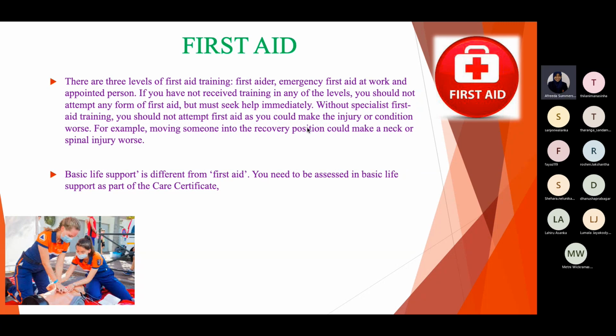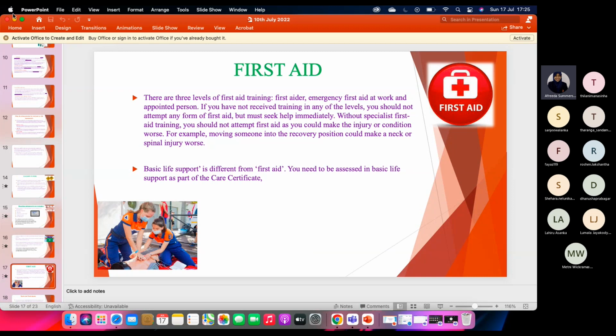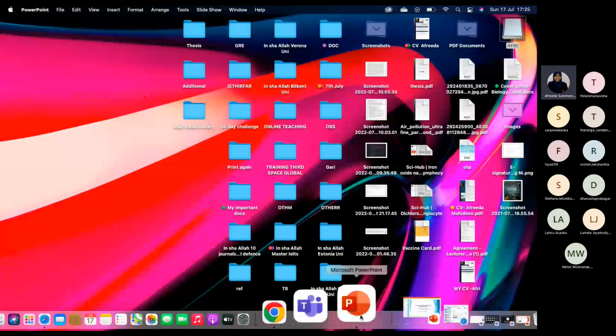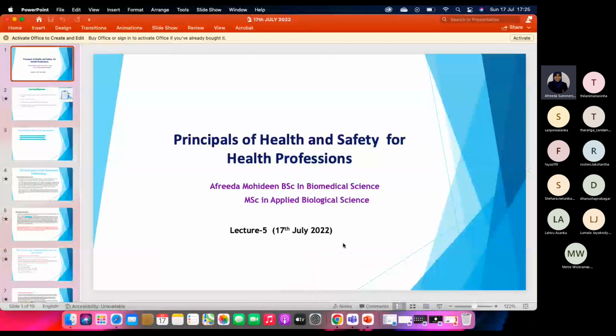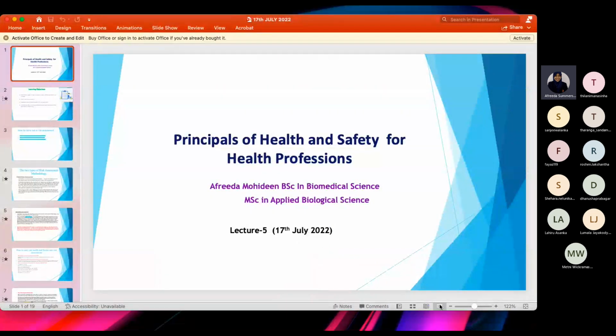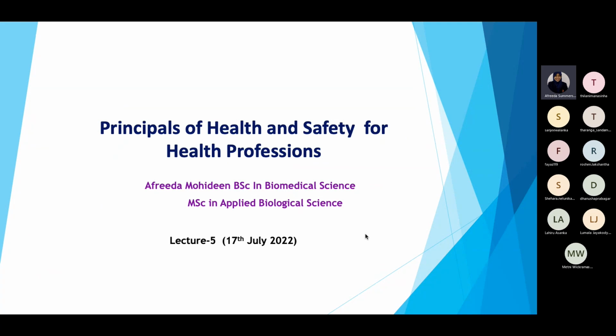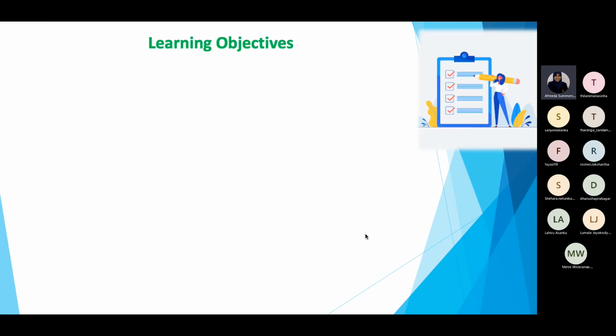Right. So I think we can start today's lecture. So this is also going to be a continuation. Today is lecture 5. Under the principle of health and safety for health profession, the very first two lectures were all about medical health records, regulations, all those things.